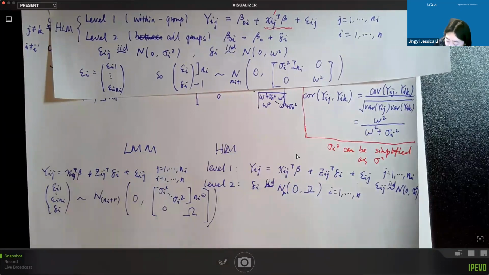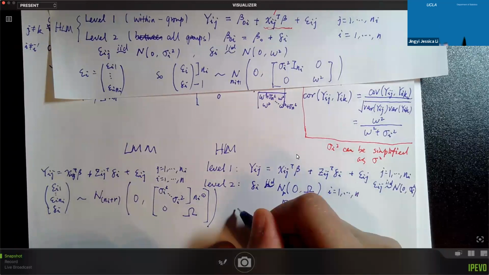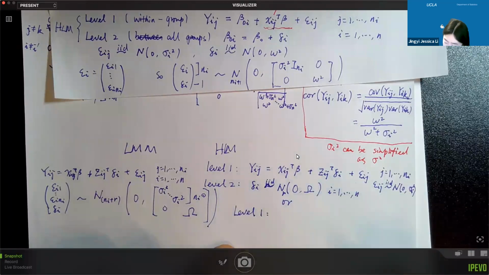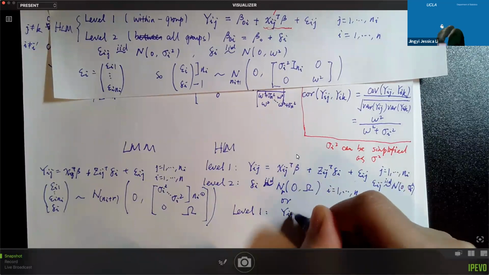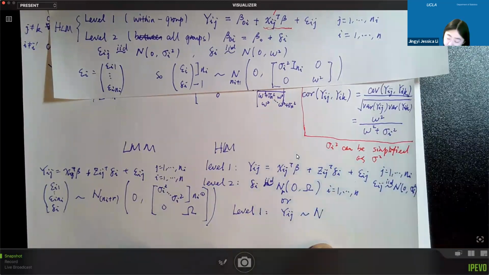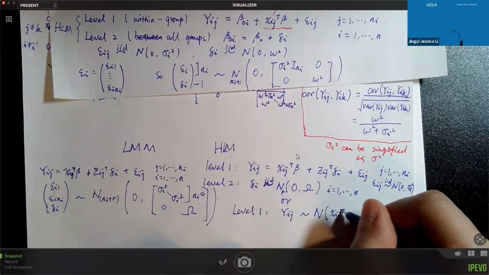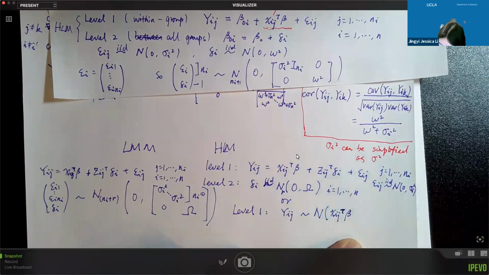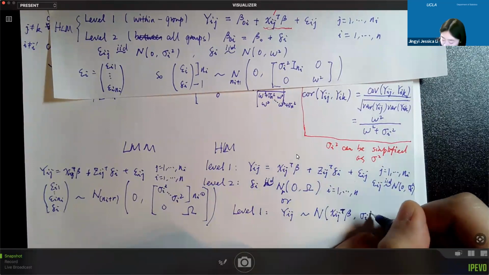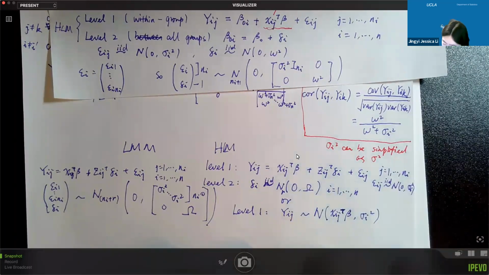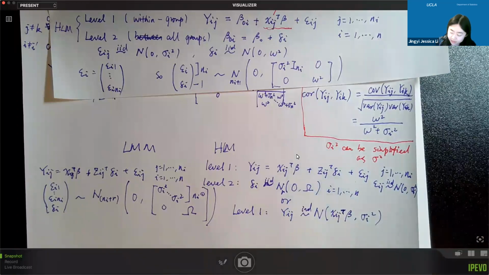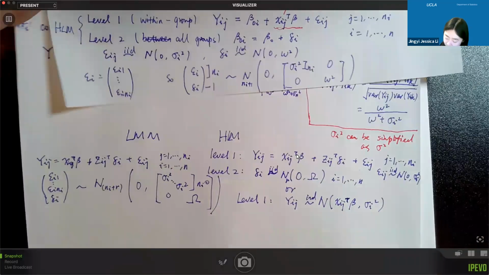So putting them together, I will write my LMM as this. While in the HLM, I specify two layers of random distribution: one within group, the other between group. Or I can write it this way, which is equivalent and even more straightforward. Yij follows a one-dimensional normal distribution with mean Xij transpose beta plus Zij transpose delta I, and variance sigma I squared. These are independent observations, the random responses in group I. That's level 1.